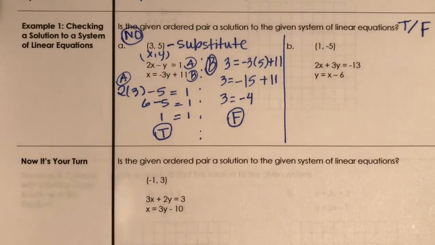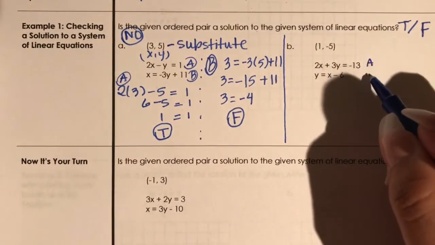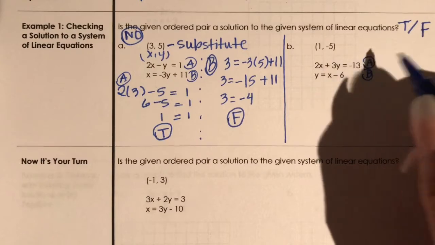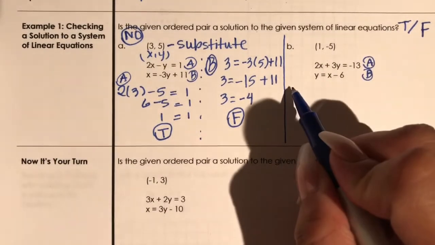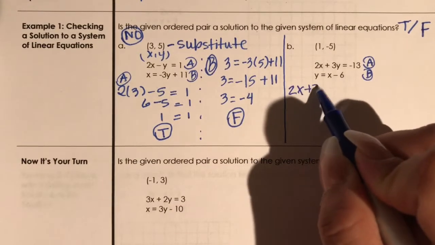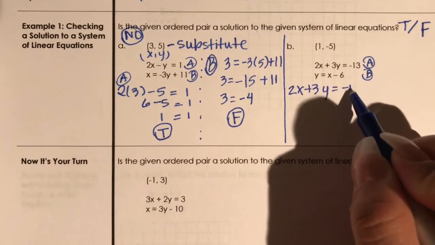Let's go on to B. Ordered pair (1, -5). The first equation is A, the second equation is B. 2x plus 3y equals -13.